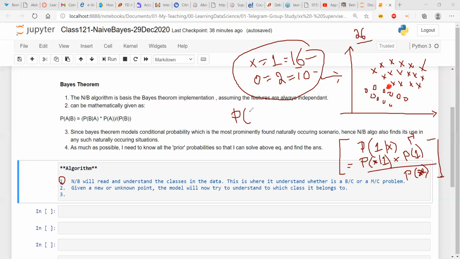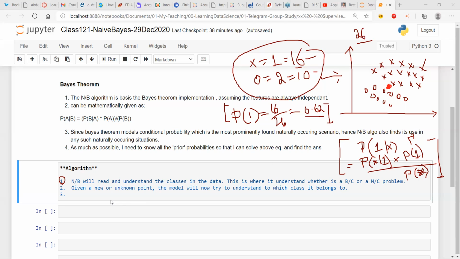So the probability of class 1 becomes 16 divided by 26, something like 0.61 or 0.62. So I have got at least one answer. I don't know the rest. Now, how am I going to calculate the rest?